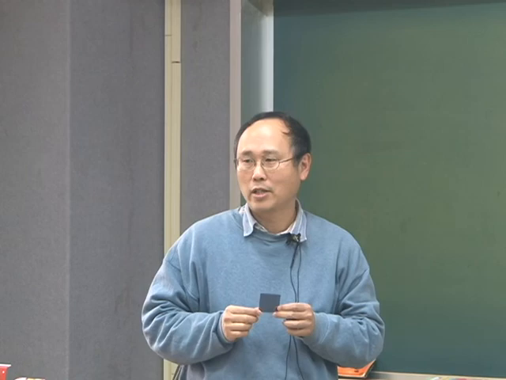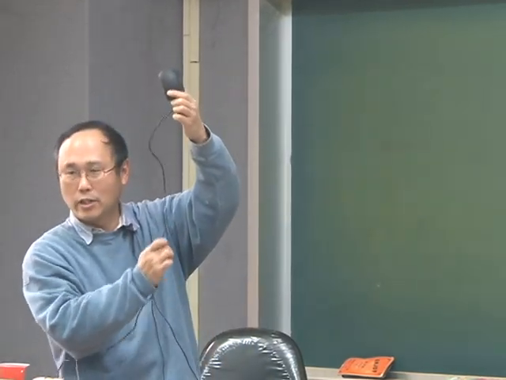Now this Polaroid polarizer has some sort of chemical polymer coated on this plastic surface. And this polymer can be easily stretched by the electric field. It's just like if I have some spring, then it's quite easy to stretch in this direction.